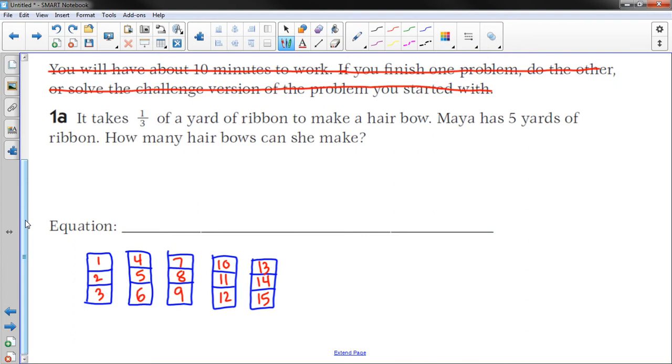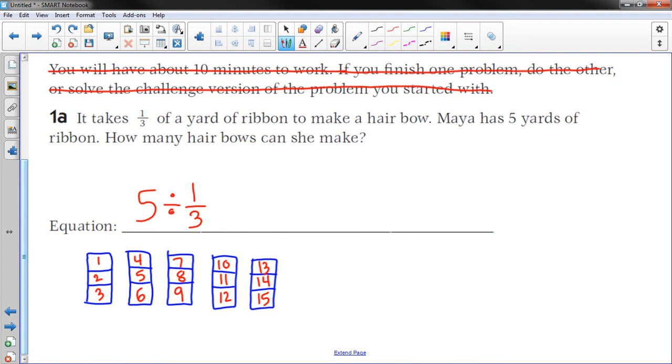So is it 5 times 1/3? Or is it 5 divided by 1/3?